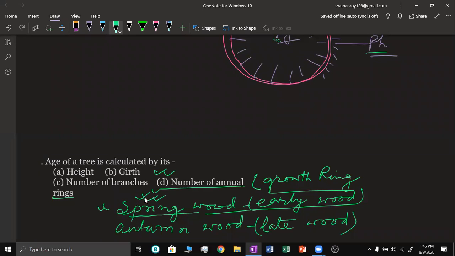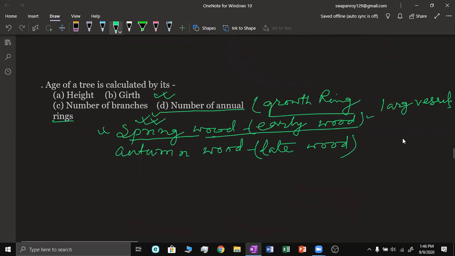So the secondary tissues which are produced during the secondary growth have large vessel cells, so they have big lumen.